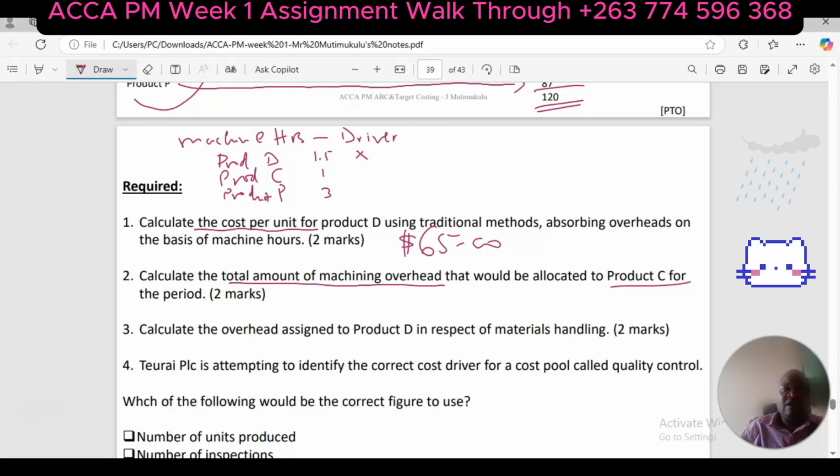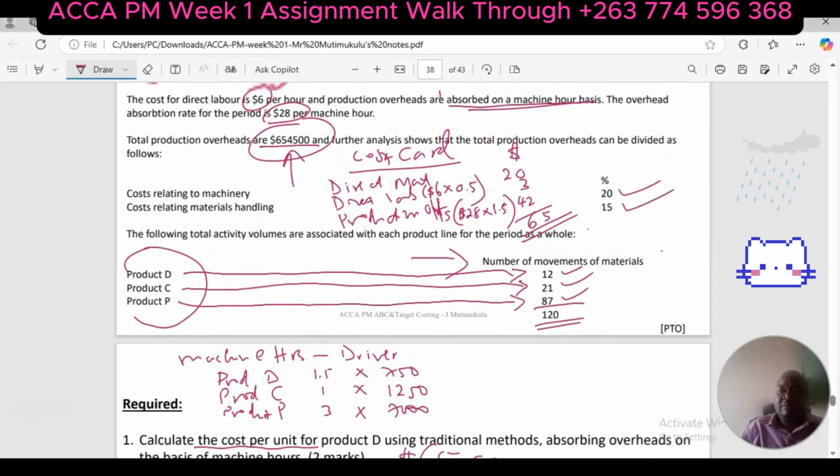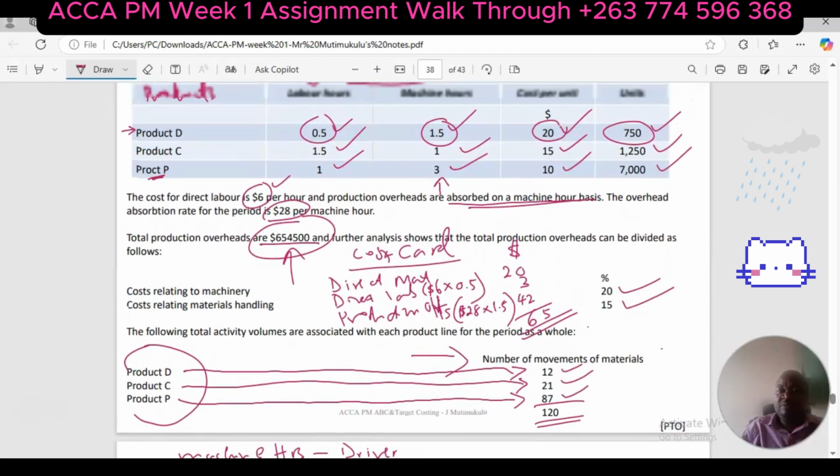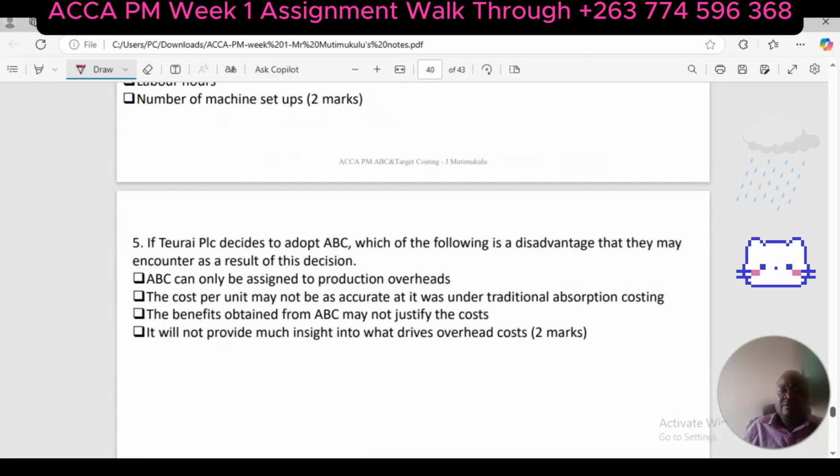In terms of production, we want to produce 750 units, 1,250 units, and 7,000 units. Let me cross check. Yes, that's the information we have.